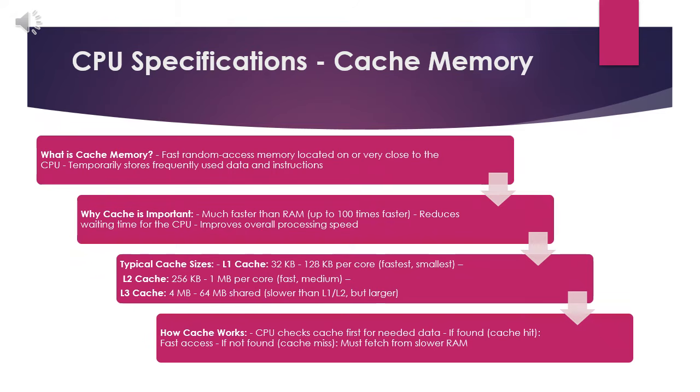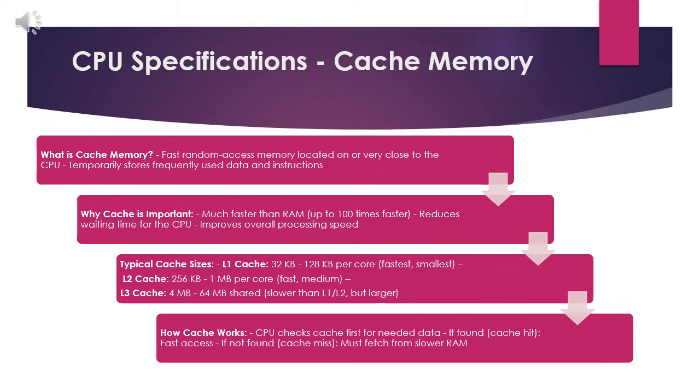The way it works is very simple. Whenever the CPU needs data, it checks the L1 cache first. If it finds it there, we call it a cache hit. There, it can work instantly.